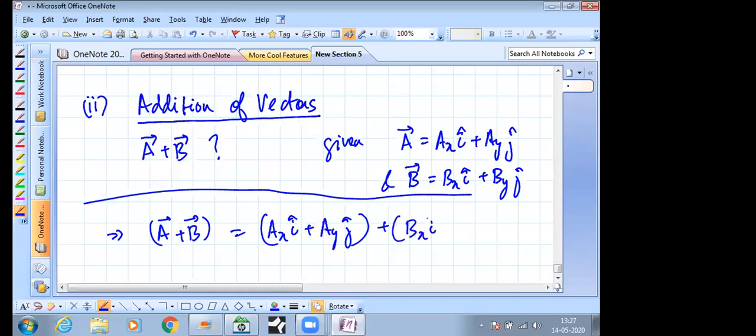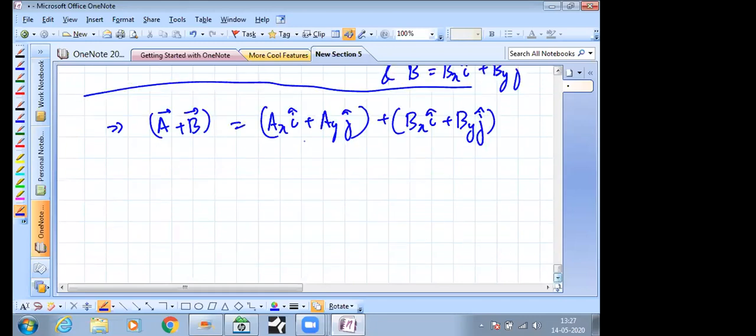So bx i cap plus by j cap. And now again you use the normal principles of algebra, that you can take common. So if you just open these brackets, you have ax i plus bx i, you have ay j plus by j. You just take i cap common and you have ax plus bx, the whole thing into i cap, plus ay plus by, the whole thing into j cap.